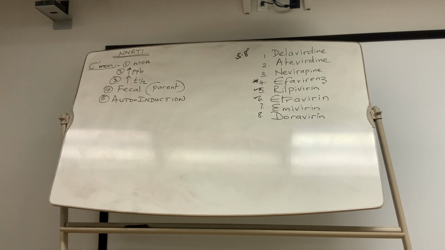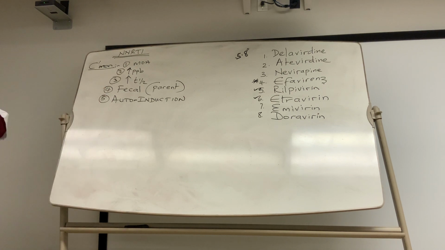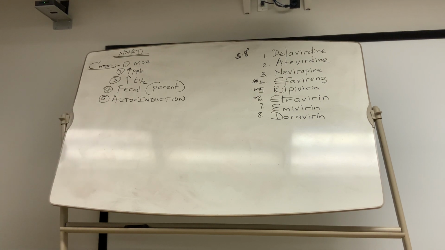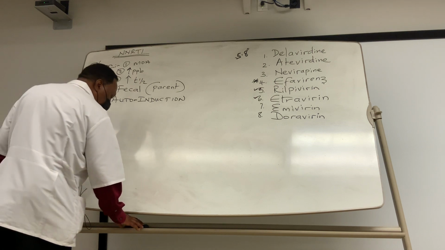Okay. So you see that a lot with your NNRTIs. And we'll get more specific as we go along, because there are some that will auto-induce, and by the same token, they would inhibit that same enzyme that metabolizes them. Okay. But this auto-induction is a known aspect of your NNRTI pharmacology.